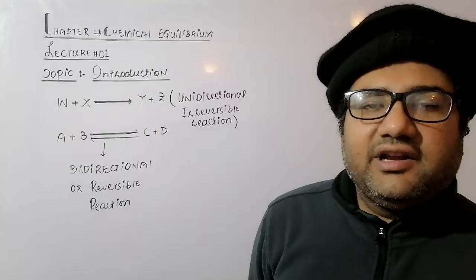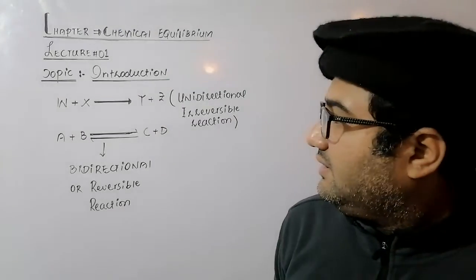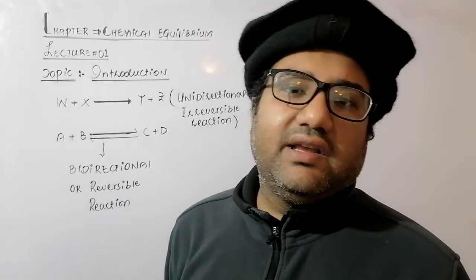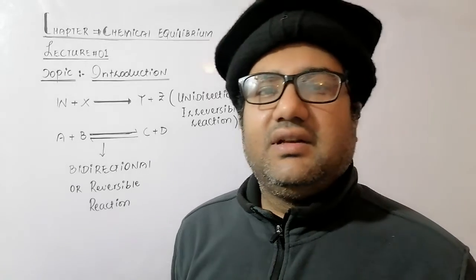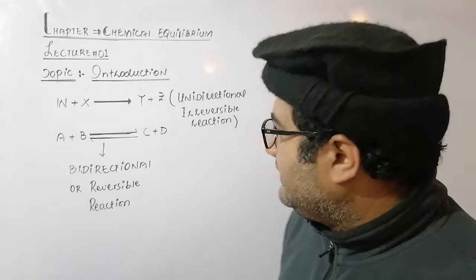A reversible reaction is the reaction in which reactants react to form the products and under the same conditions the products re-react to form the reactants. So it takes place in two directions simultaneously.